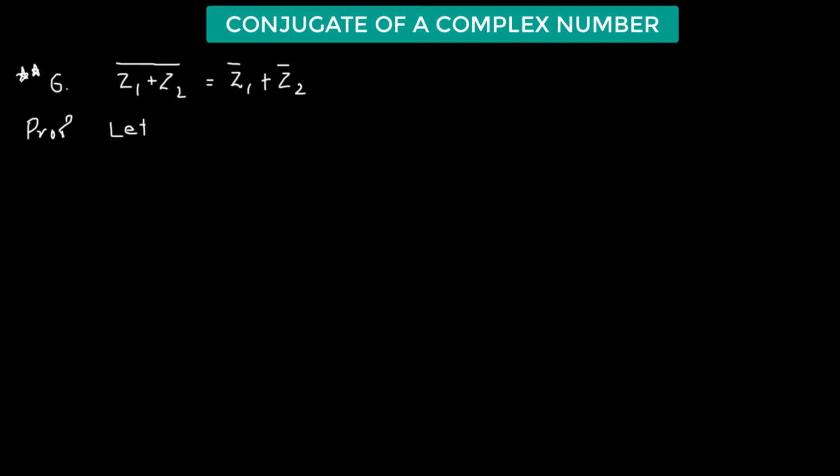The proof. Let a complex number z1 be denoted by a1 plus i times b1, and a complex number z2 be denoted by a2 plus i times b2. Let's take the conjugate of z1. That will be simply a1, and we replace i by negative i, so that gives us a1 minus i b1.